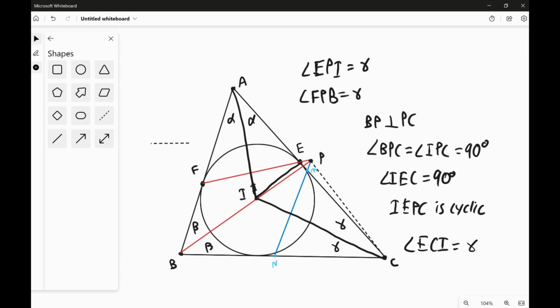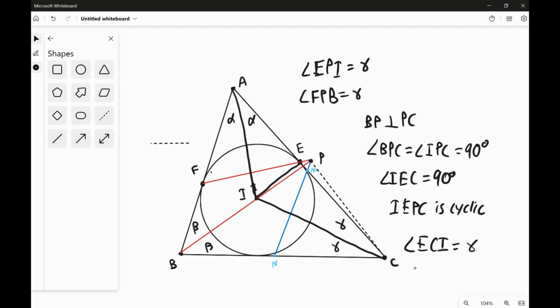However, we already know an angle inside this triangle here. So if we can find out this other angle here, we'd be set. So this is alpha, and we know that AI is perpendicular to EF, since AE is equal to AF, meaning that it's isosceles, and this is the angle bisector.